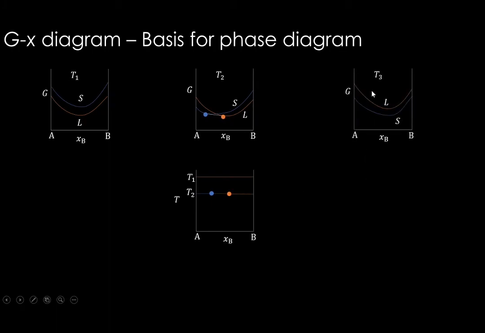Now look at this temperature T3, where solid is stable throughout. So this is the temperature T3, where solid is stable throughout. Okay. So like this, we can do at different temperatures and get the information of phase equilibria and map it to the phase diagram. Like this.